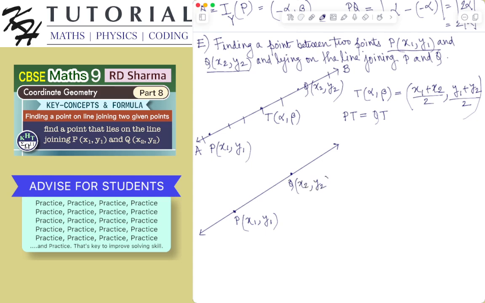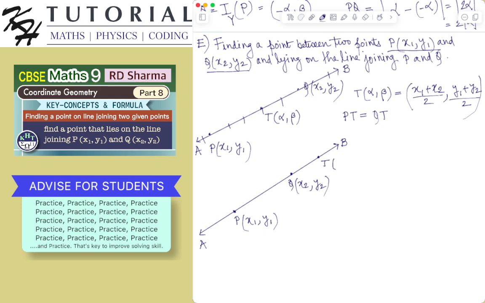We have to find the coordinates of a point that will lie on the line AB, that is the line joining the two given points P and Q, but it will not be inside the points P and Q. It will be outside, meaning it could be anywhere between Q and B, or it could be anywhere between P and A. Let's say I am considering this to be the point. This is a point that will lie on the line joining P and Q and not inside P and Q.